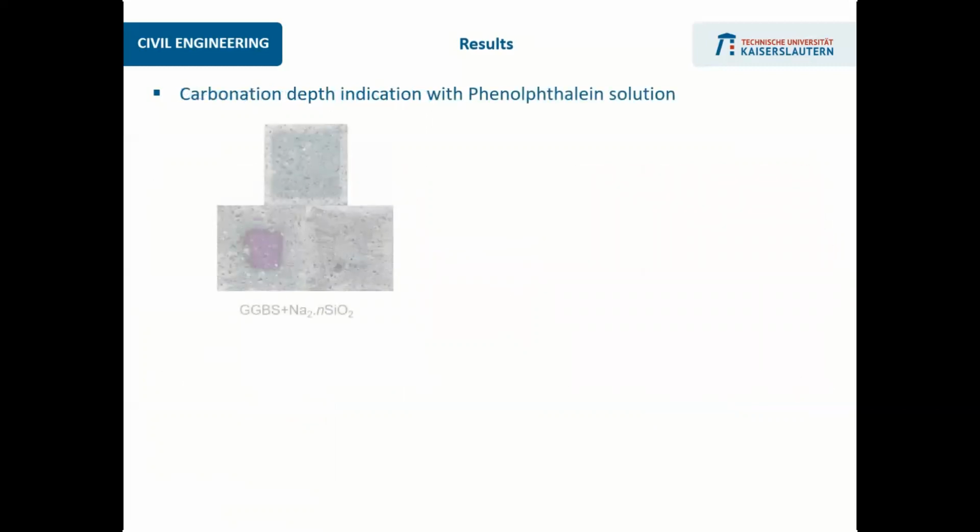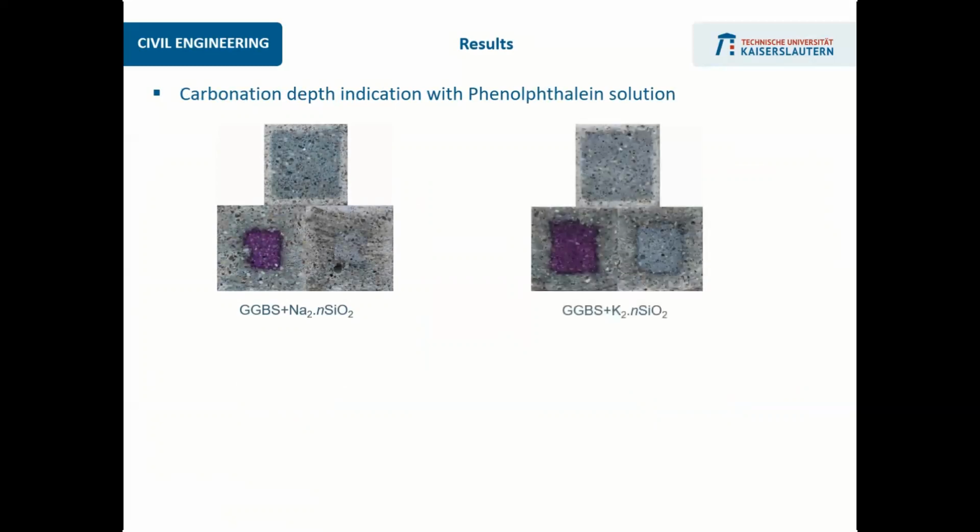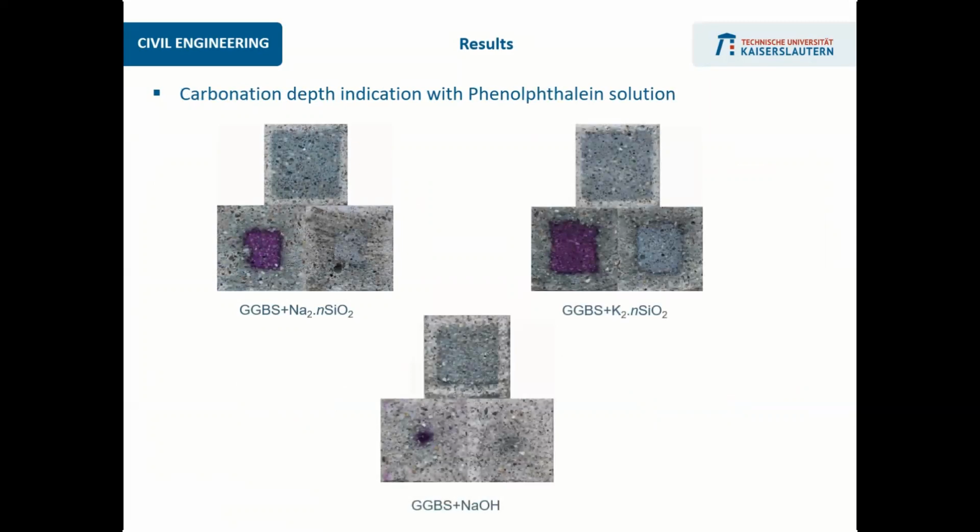In this slide, I'm going to show you the carbonation depth by using phenolphthalein indicator. As you can see, the most affected specimens among these three mixtures were GGBS activated by sodium hydroxide, and the least affected specimens were those activated by potassium silicate.